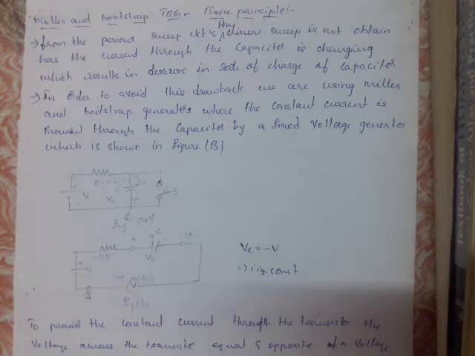Due to the characteristics of the capacitor, the sweep waveform is generated, but it is not in linear shape. For example, it is an exponential sweep waveform, which we discussed in the previous lecture. To overcome this drawback, we go for Miller's and Bootstrap time-base generator waveforms.